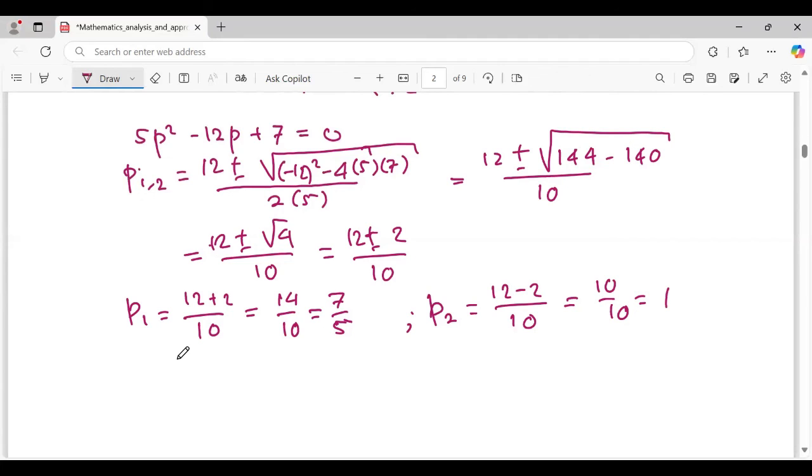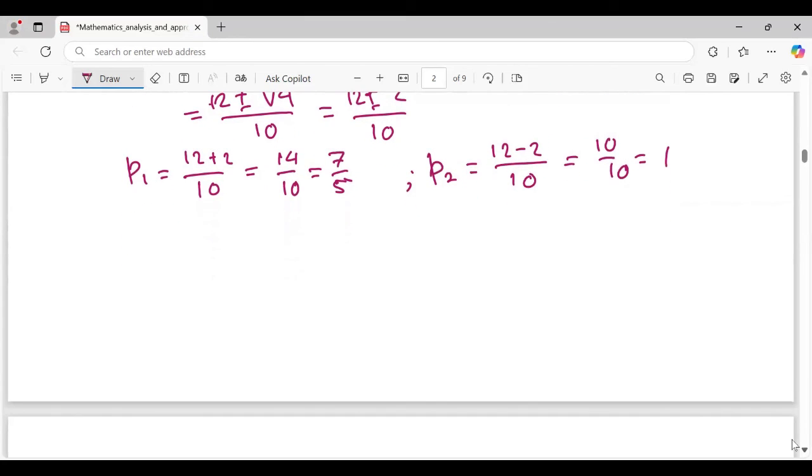Now we are going to determine q. When p equals 1, q equals 5 minus 3 times 1, 5 minus 3 equals 2.